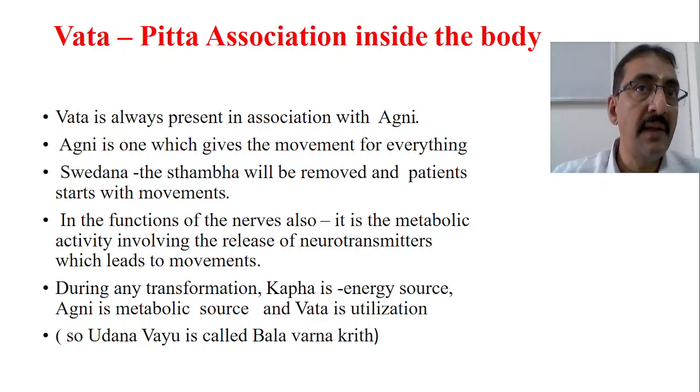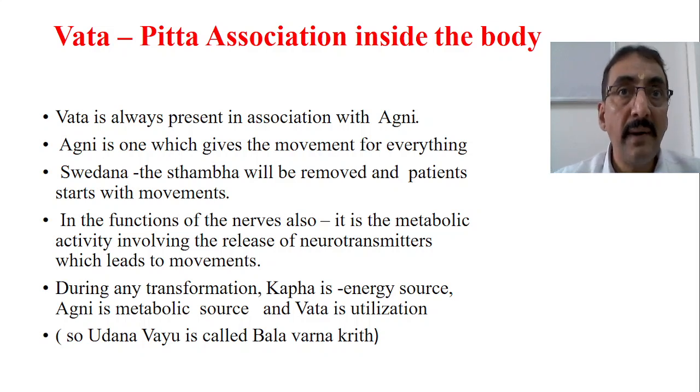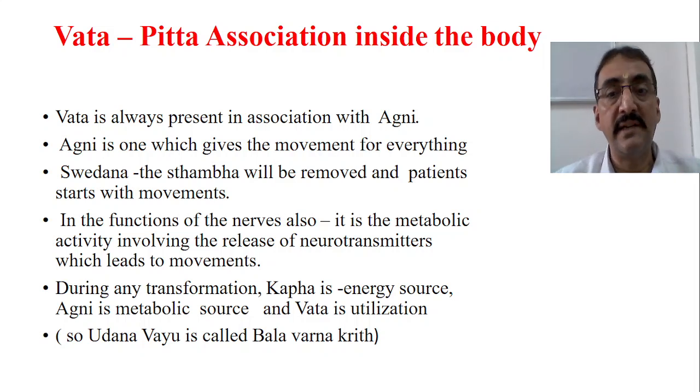If you compare the same thing with contemporary science, when you talk about nerve movement or nerve functioning, the metabolism is very important. That is Agni. Even for the neurotransmitters, there is a metabolic activity with each neurotransmitter at the time of impulse formation. It is a metabolic activity involving the release of neurotransmitters, which leads to movement. Therefore, when Ayurveda says Vata is always present with the Agni, that can be justified.